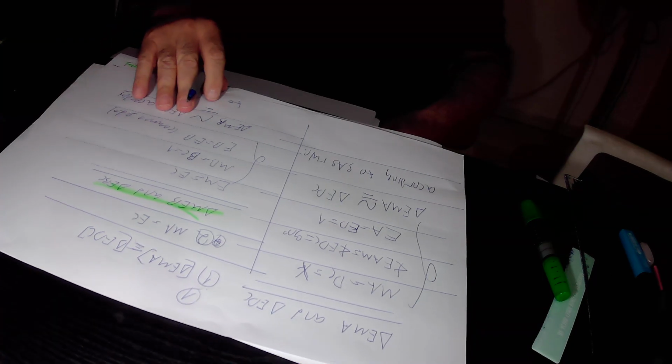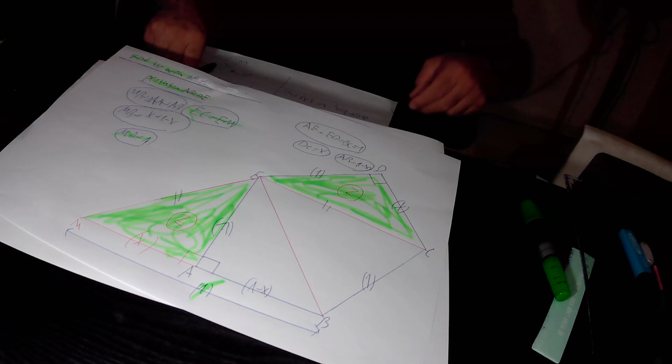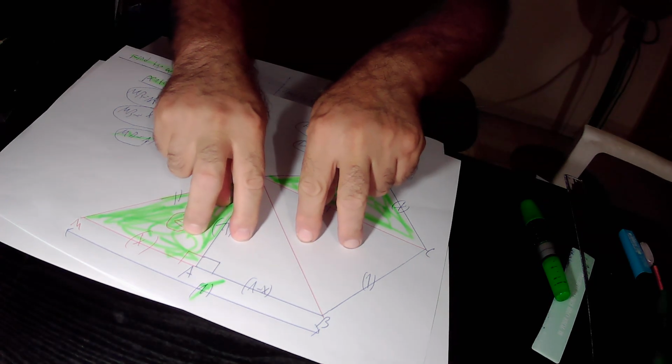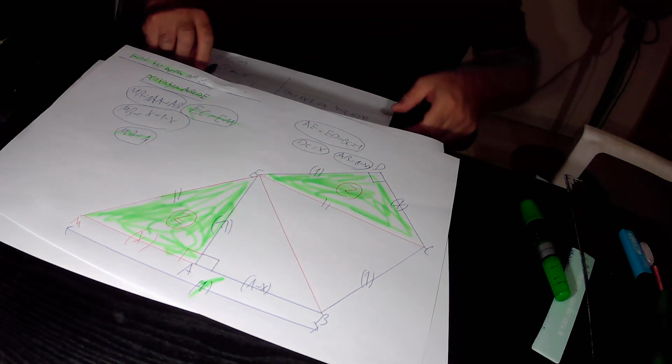And from the fact that those two triangles can go into each other, we will derive that they also have the same areas.